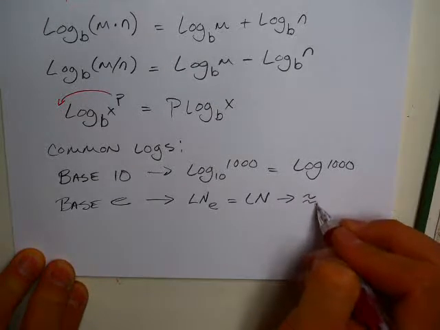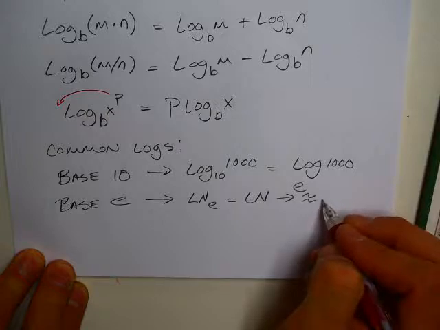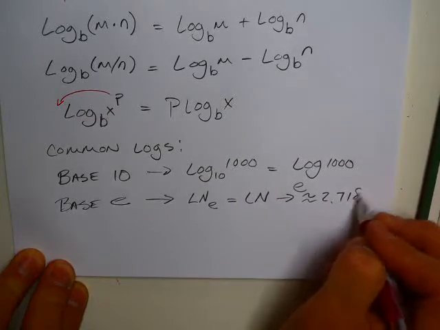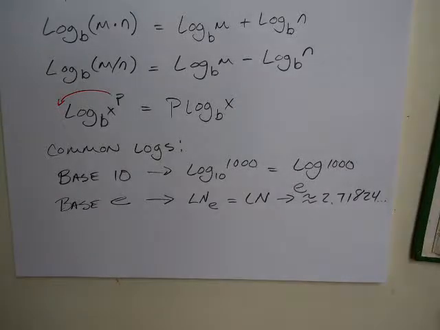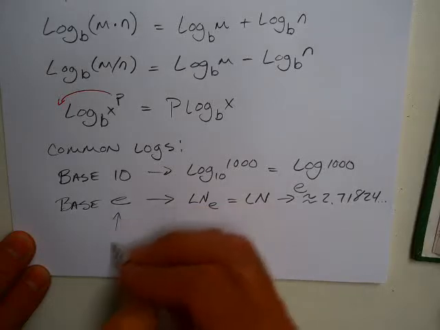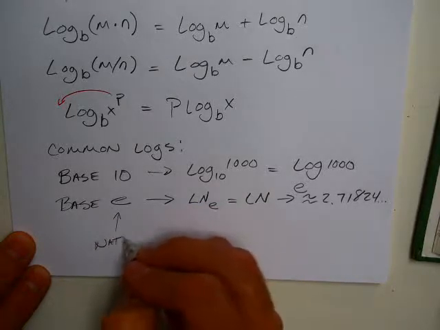And e is about 2.71824, and it's like pi, it goes on forever and ever. You don't really need to memorize this number, because the calculator knows it and uses it, but know that it's pi-ish in its existence. These are natural logs.